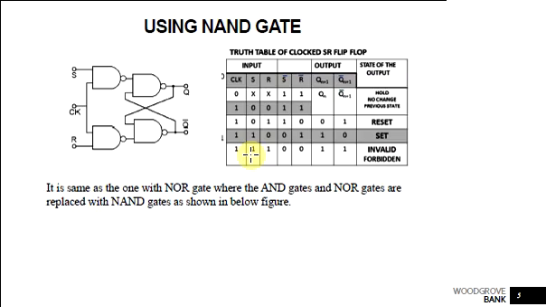And when all three are high, it corresponds to the invalid condition, just like the previous RS flip-flop. Both inputs high is not allowed. Remember, when we use NAND gates for the RS flip-flop, the inputs we consider are S bar and R bar, because this is not gated here.